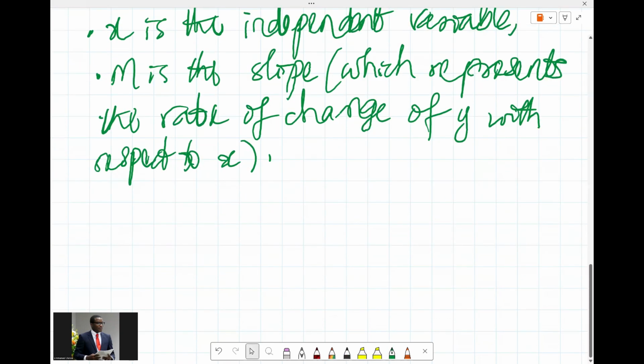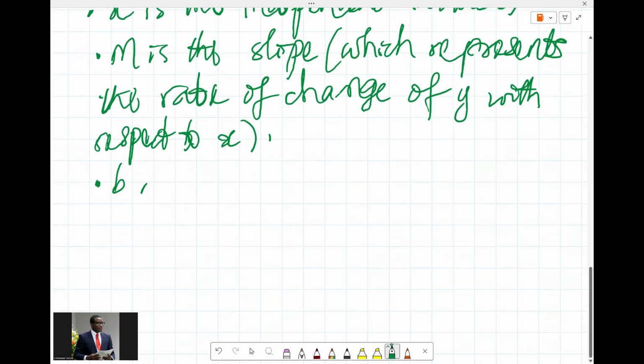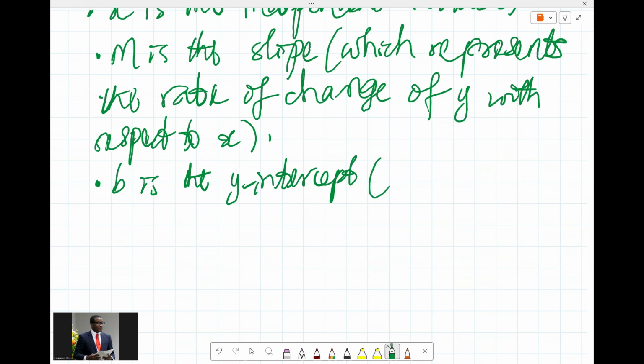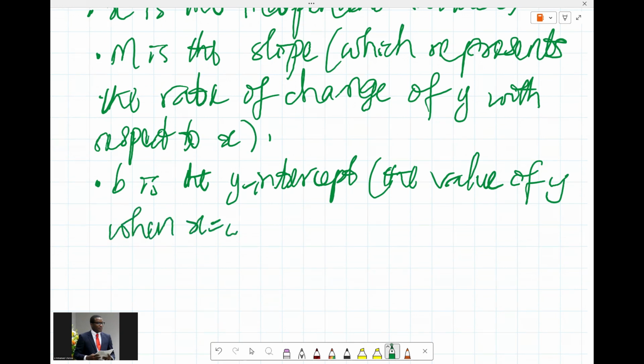Then we have b, which is the y-intercept. That is the value of y when x is equal to 0. So that's some kind of base value or baseline, depending on the context in which you want to use that.